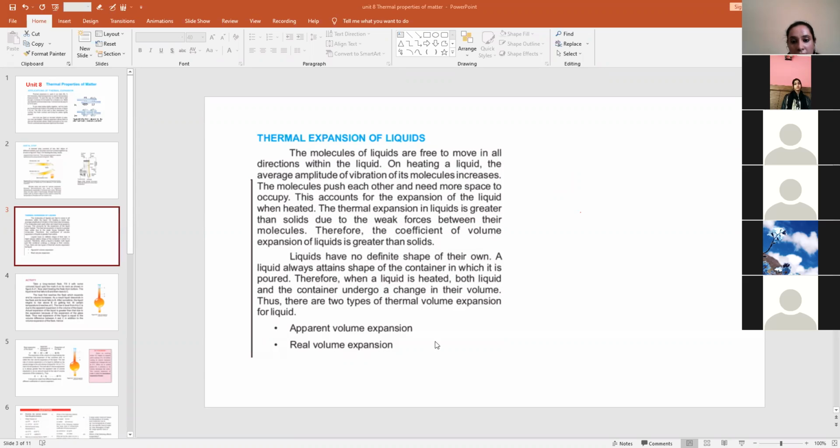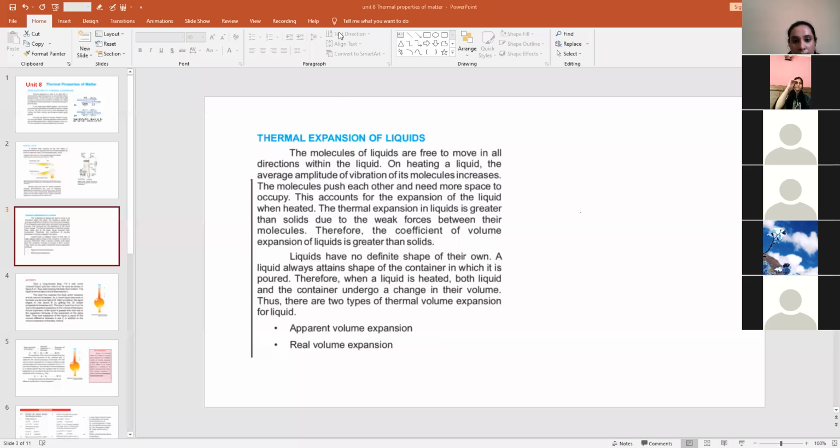So when liquids are heated, not only does the liquid undergo thermal expansion, but the container in which the liquid is placed is obviously made from a solid, so the solid container also undergoes thermal expansion. So when we are studying the thermal expansion of liquids, we can observe two types of expansion.